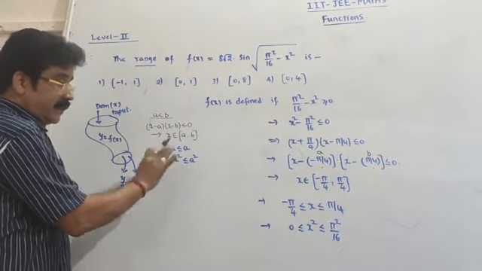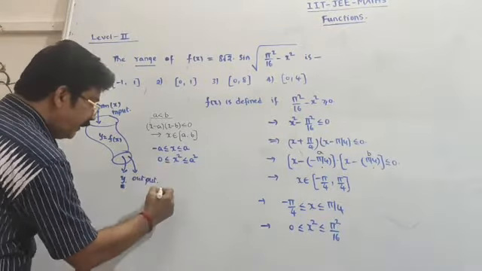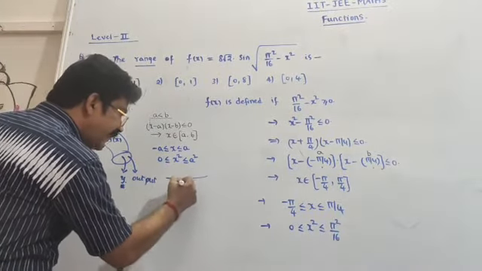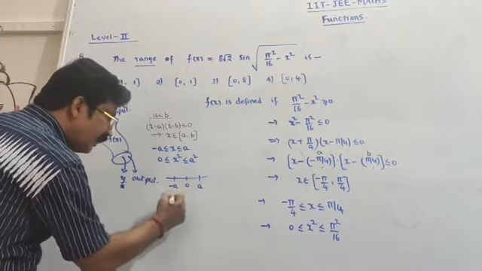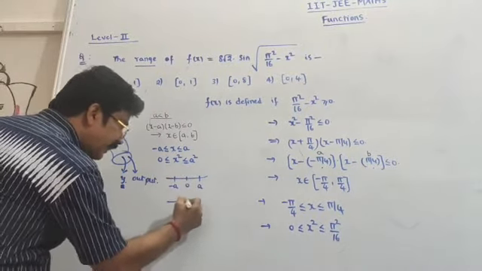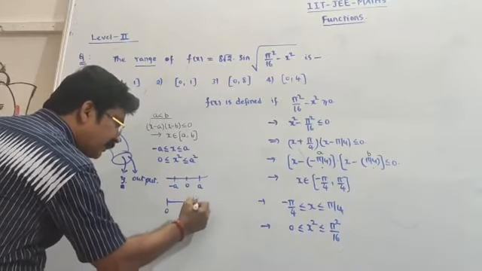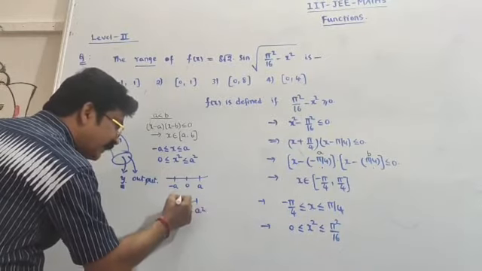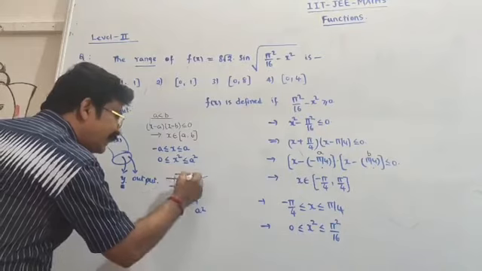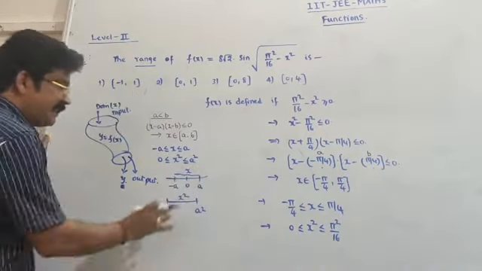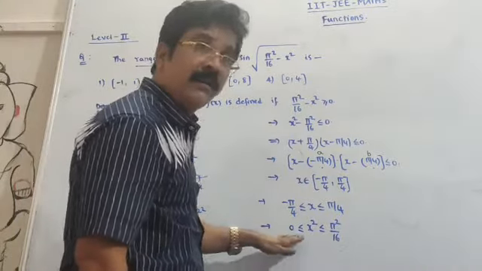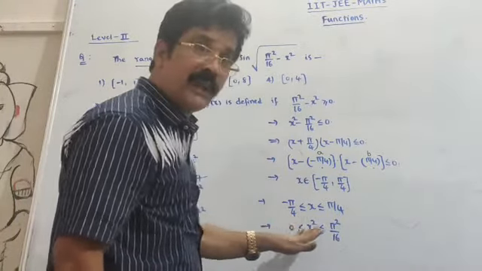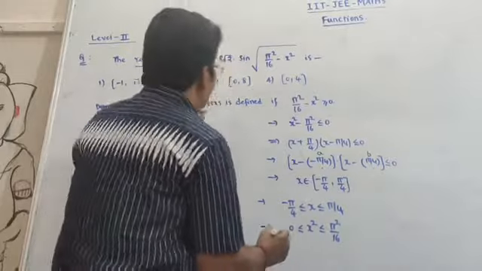Whenever x lies between minus a to plus a, then x square must be positive, 0 to a square. This is the graphical meaning. Mind it, it is not squaring throughout the inequality.